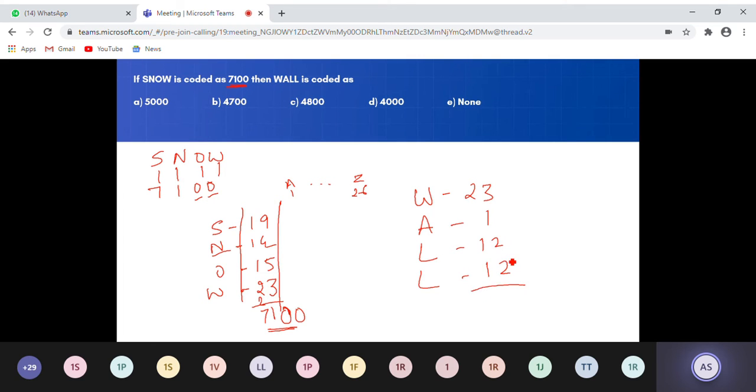Solve for it. 24, 25 plus 23, that would be 48. So it will be 4800. Answer option C. Yes, writing down the numbers of the alphabets and solve it. Clear, everyone? Okay, the next one.